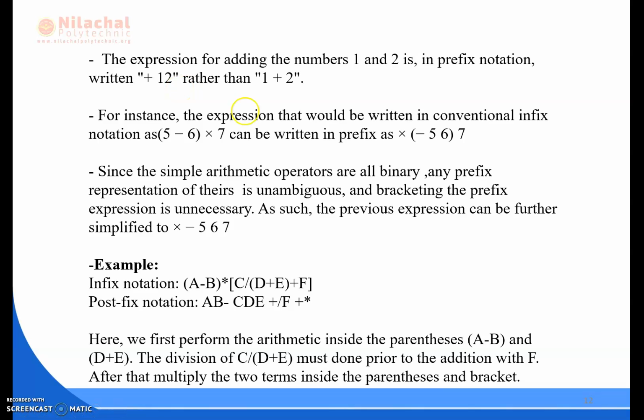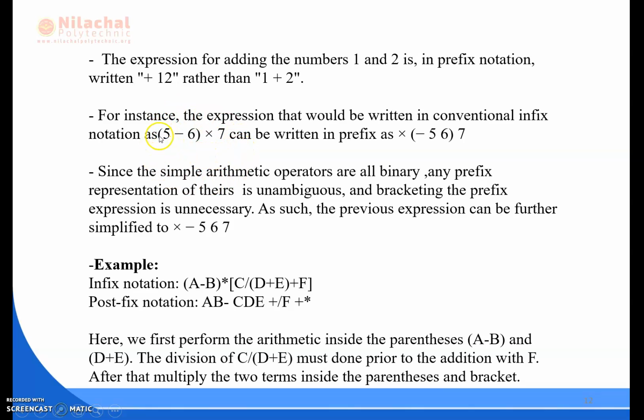For instance, the expression that would be written in conventional infix notation as (5 minus 6) multiplied by 7 can be written by first solving the brackets. How are we going to write it in prefix notation?